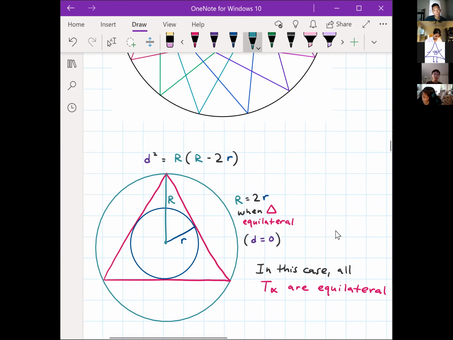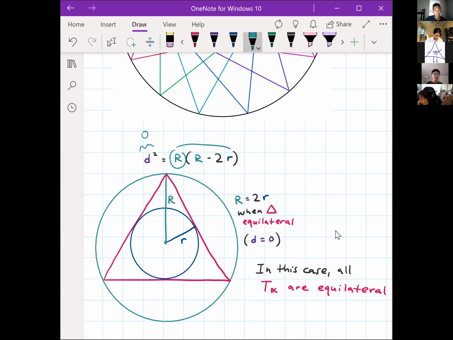So this is the case when our triangle is equilateral. In this case, the incircle and circumcircle are concentric, so d equals 0. And actually in this case, if we set the side equal to 0, that means that this side also has to be equal to 0.